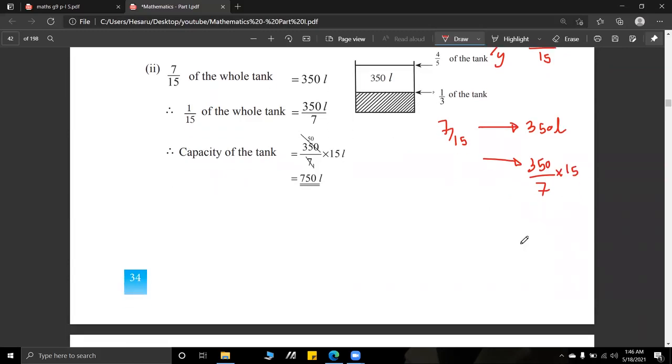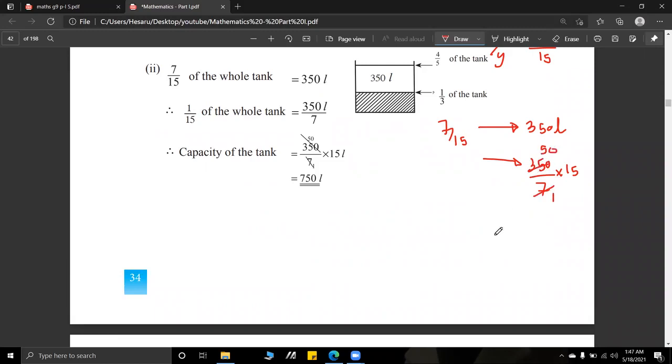You can simplify that: 350 divided by 7 is actually 50.